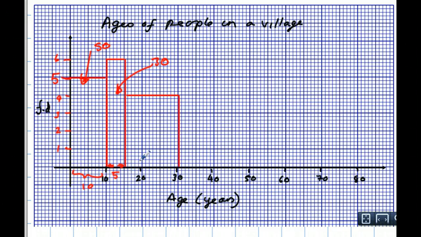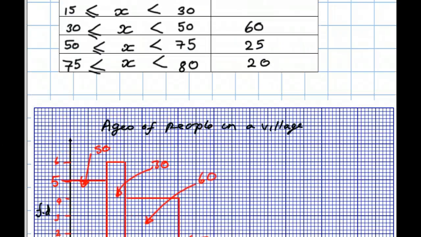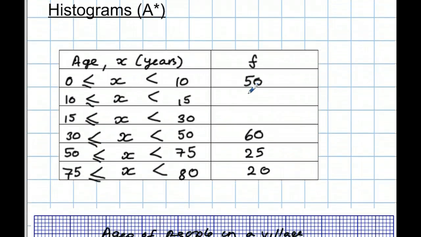And the area of this rectangle here, well, it's 15 wide and has a frequency density of 4, so the area must be 15 times 4, 60. So I can now go back to my table and put in that this must be 30, and this must be 60.